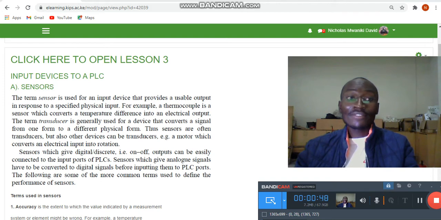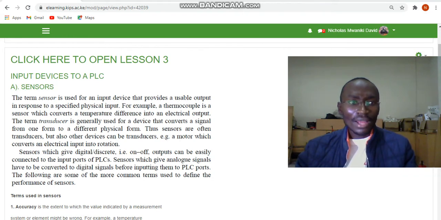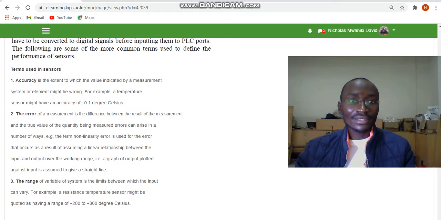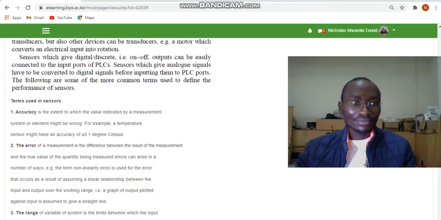The term transducer is generally used for another kind of sensor, a device that converts a signal from one form to a different physical form. Now I want us to see the different types of sensors that we have.